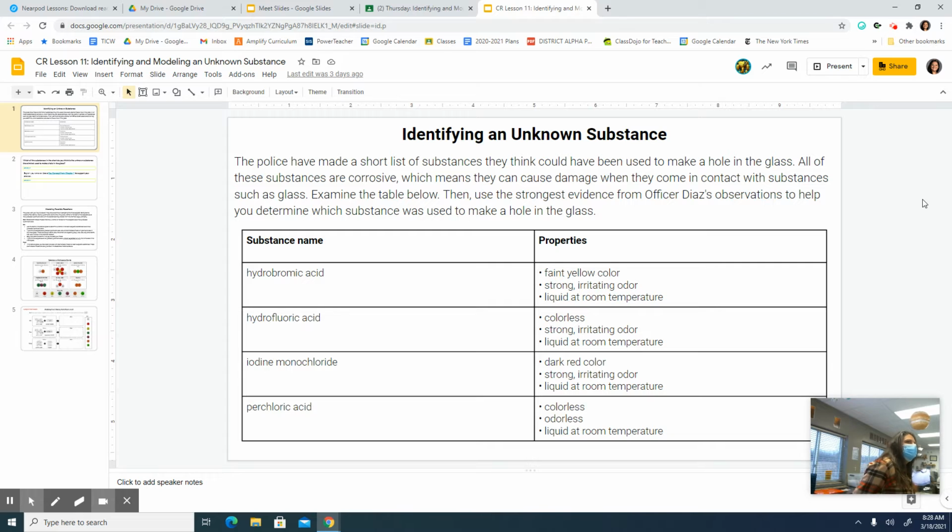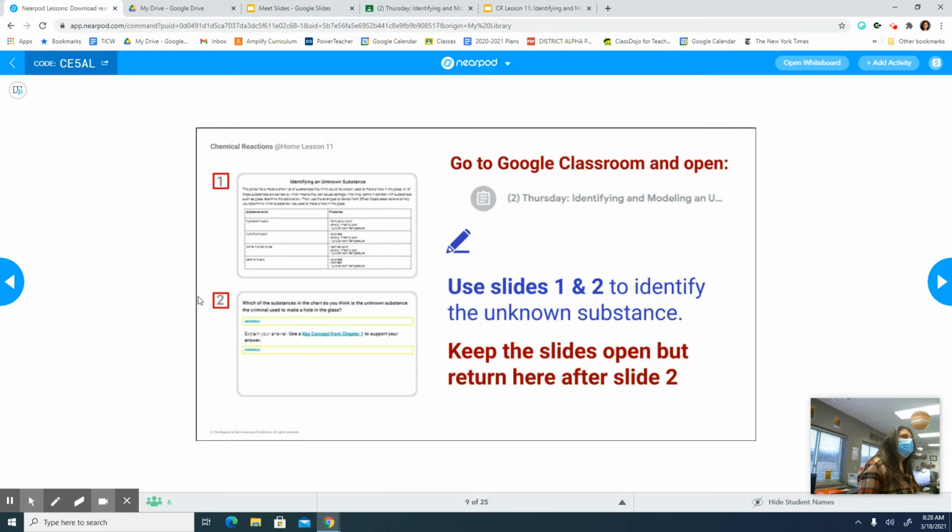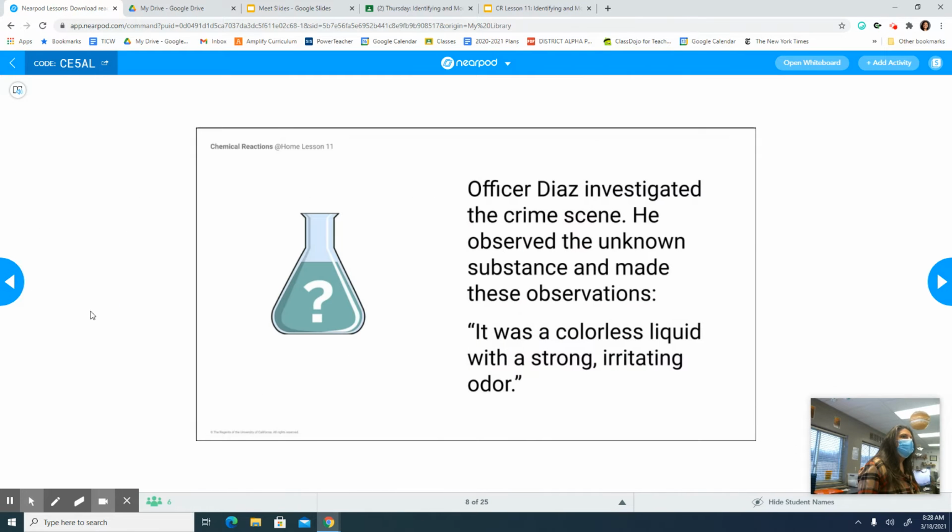Then use the strongest evidence from Officer Diaz's observations to help you determine which substance was used to make a hole in the glass. So go ahead and read through the substances and the properties. And remember that Officer Diaz said it was a colorless liquid with a strong, irritating odor. That's up on the board for you to refer to.